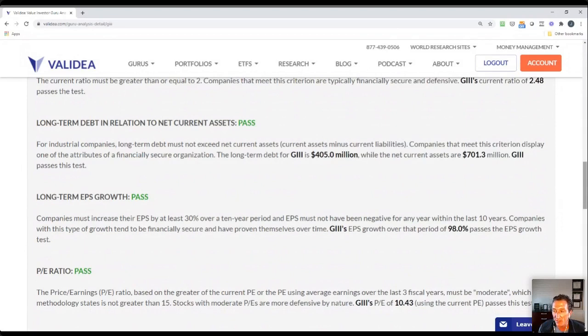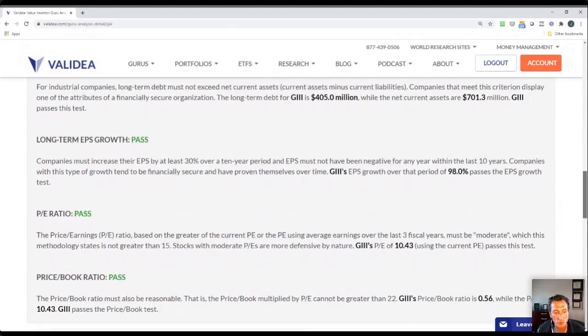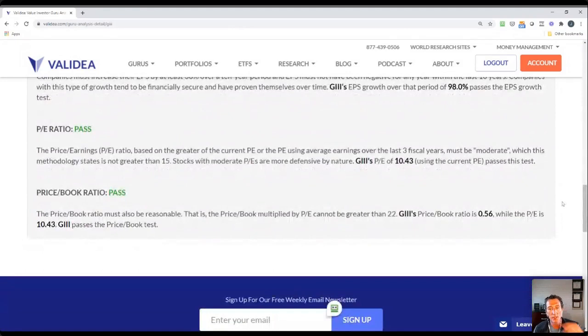And then the last two criteria bring you further into the value camp. It wants only stocks with PEs below 15. In the case of this company, the PE is 10.4. It's probably about half the market PE at this point. And then it wants the price to book times the PE ratio to not be greater than 22.